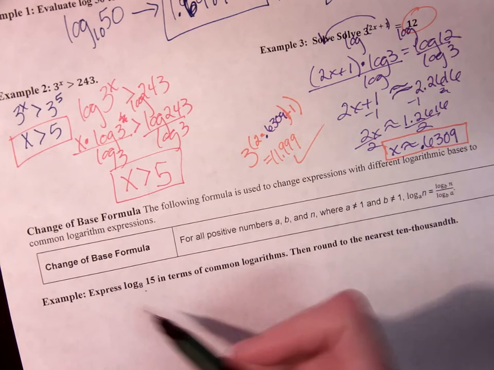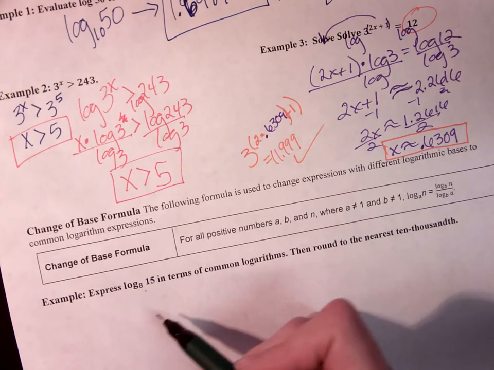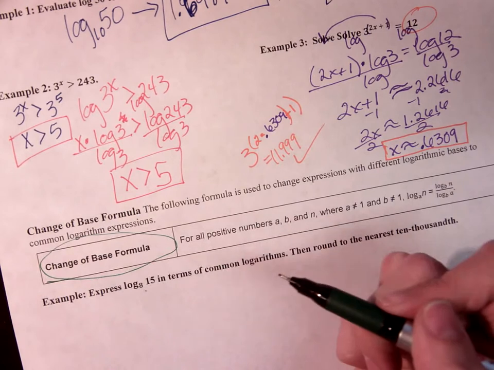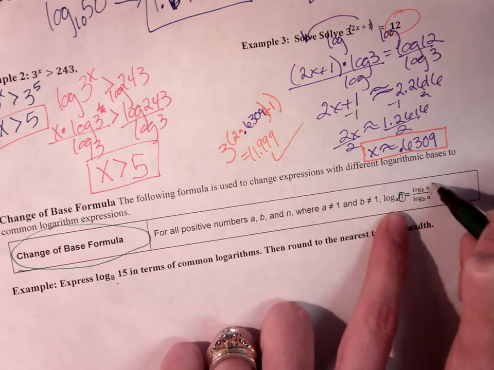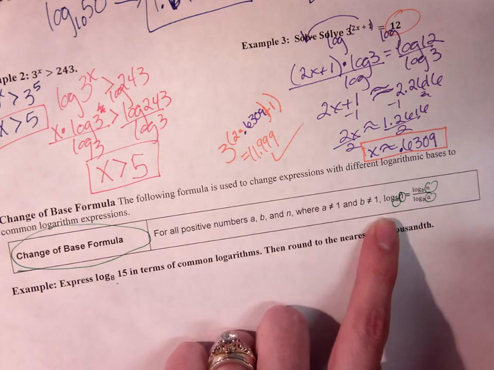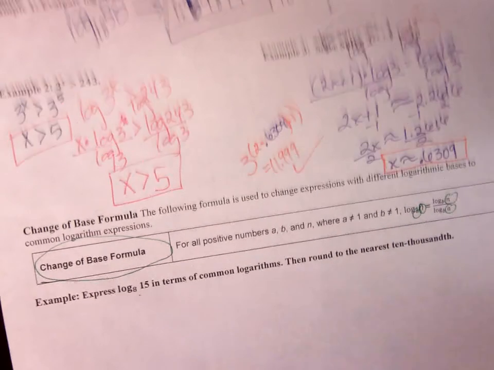If I'm using one that doesn't have it, or I don't have access to anything other than just a log button, I'm going to use this change of base formula, which just says, if we're real careful, see the n stayed in the numerator and then the base stayed in the base. I can change it to anything I want. Commonly we use this so that we can get common logs.